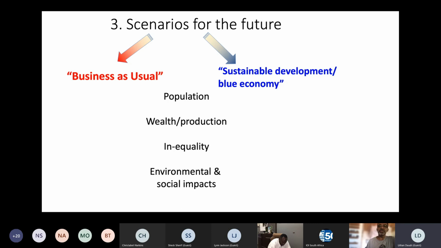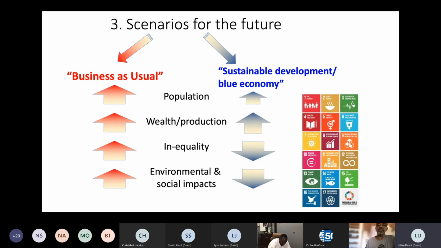So the various indirect drivers here of population, wealth and production, inequality, and environmental and social impacts, those all are projected to increase to alarming levels under business as usual. And under sustainable development, we really need to ensure that inequality and environmental and social impacts decline.